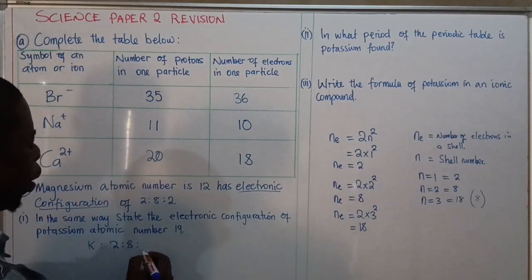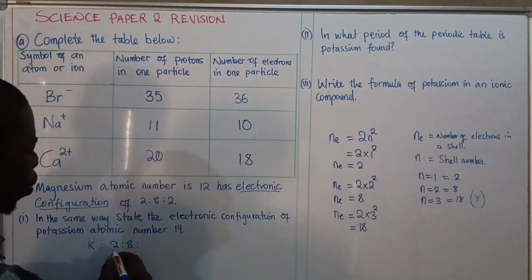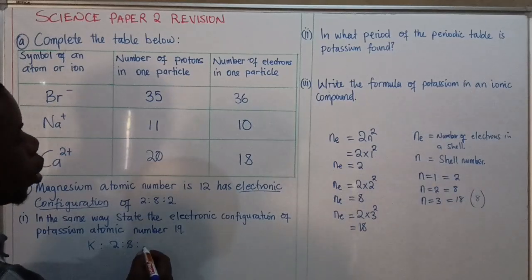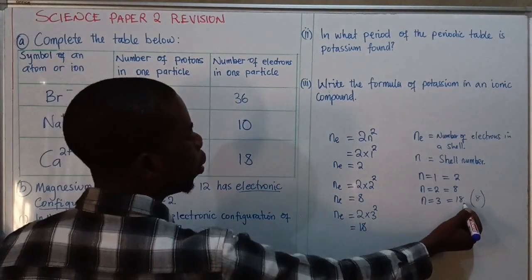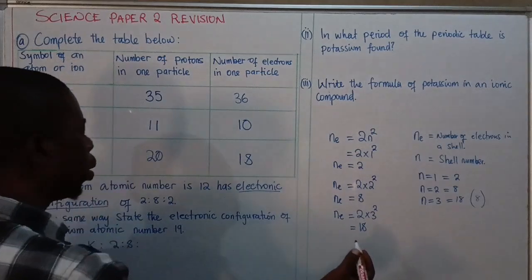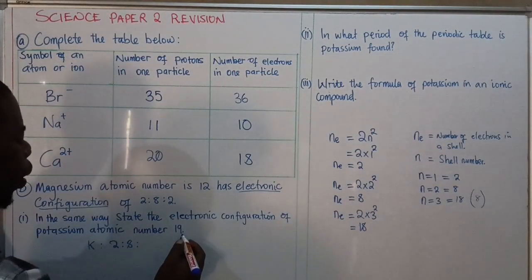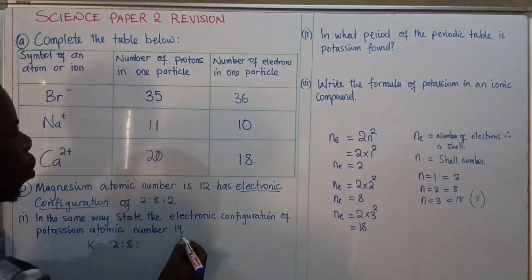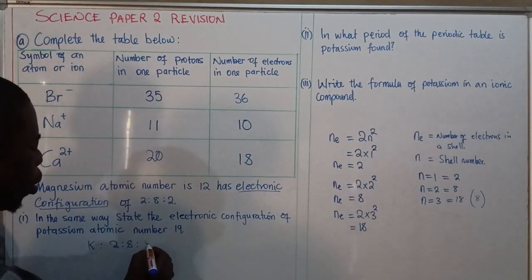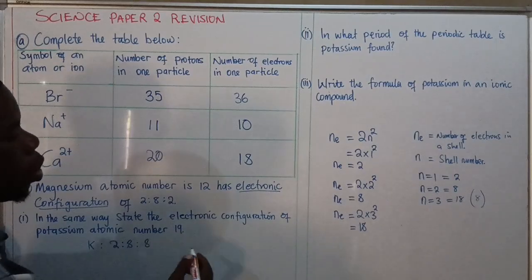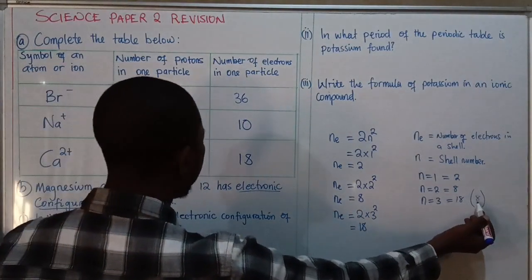So shell number 1, number 2, number 3, the third should have 18. But how many electrons are you remaining with? You are remaining with 9. Therefore, you should give it 8, which is the second option I talked about.